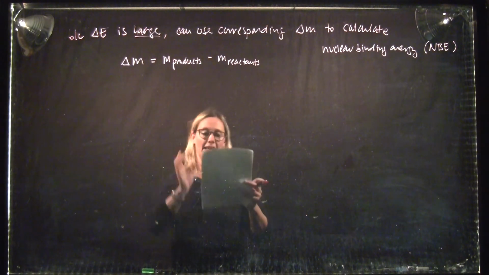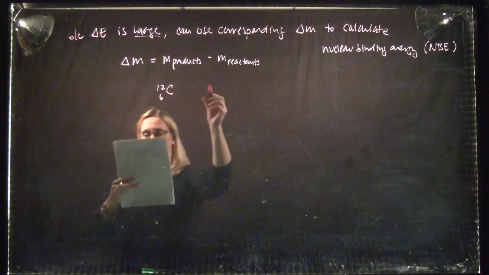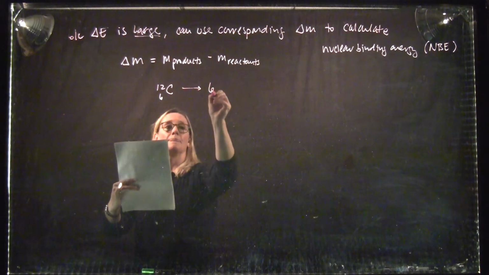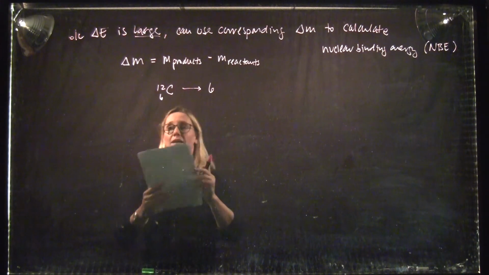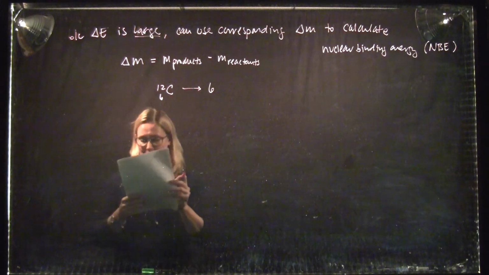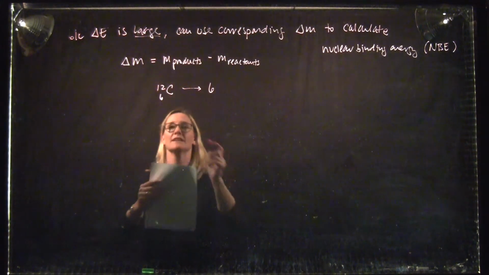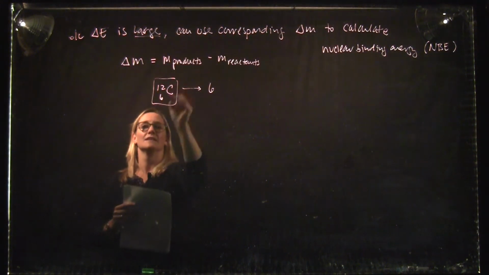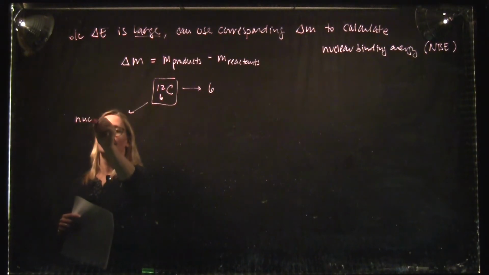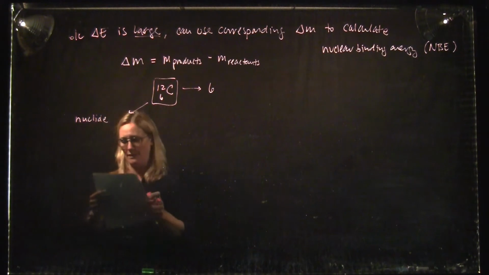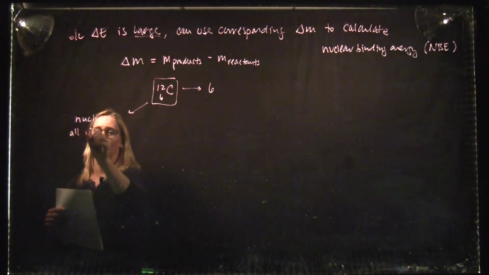So let's look again at our carbon-12 example, and we're going to make a small change to the total reaction. Let me also introduce a little bit of terminology. So this is a specific carbon nuclide. The nuclides are all the isotopes of an element.